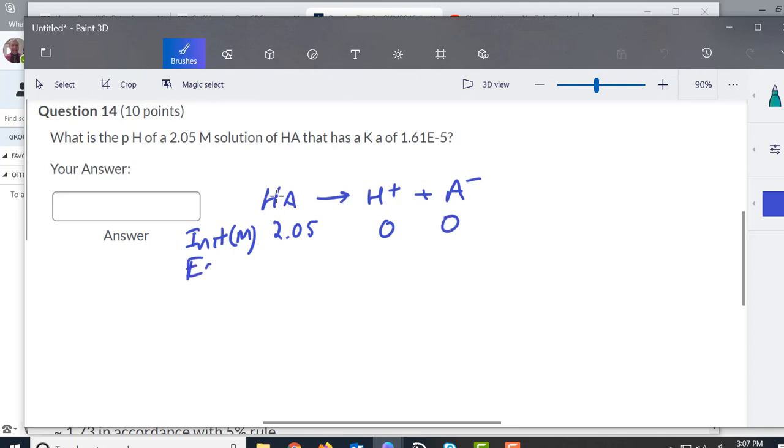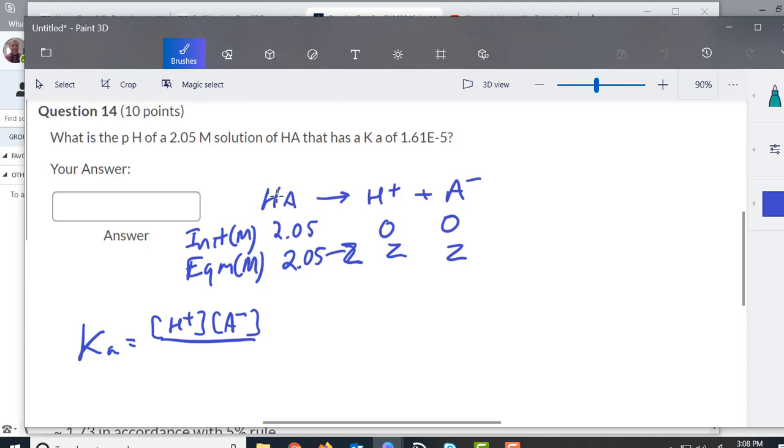Then we've got the equilibrium, which is going to be 2.05 minus Z, and Z, and Z. And the Ka value then will equal H plus times A minus over HA, which is going to equal Z squared over 2.05 minus Z.